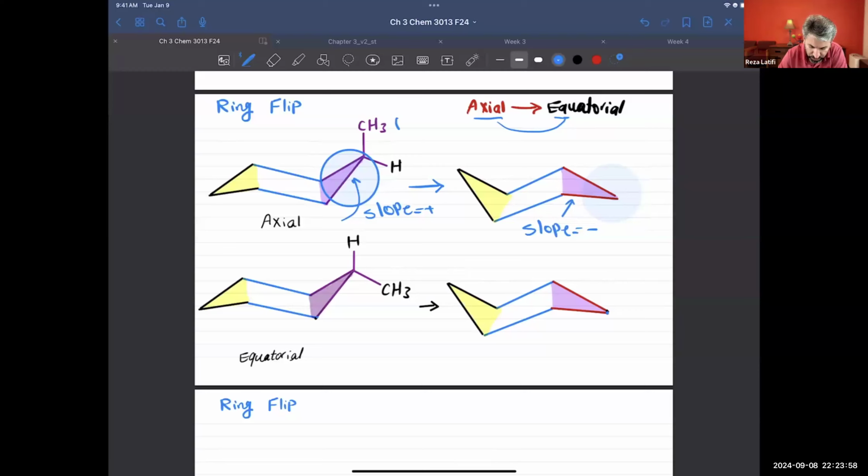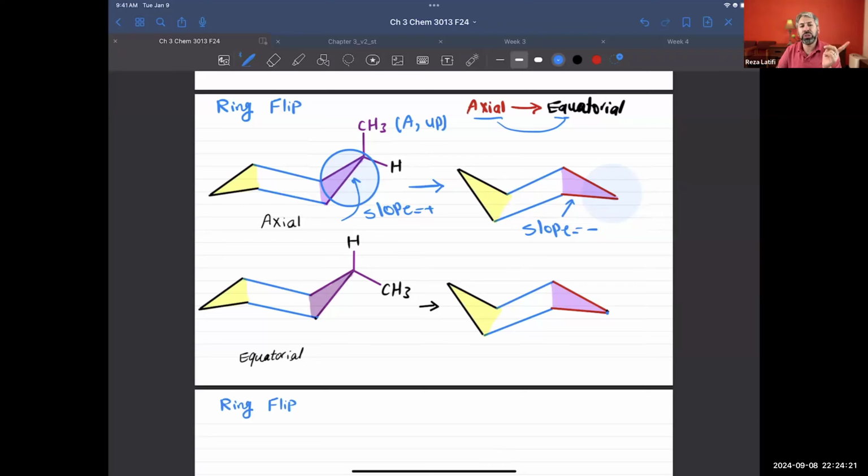So the methyl group is pointing up and hydrogen is down. Now the methyl group is in axial position, and it's pointing up. I don't care about the hydrogen. Let's talk about just the methyl substituent.